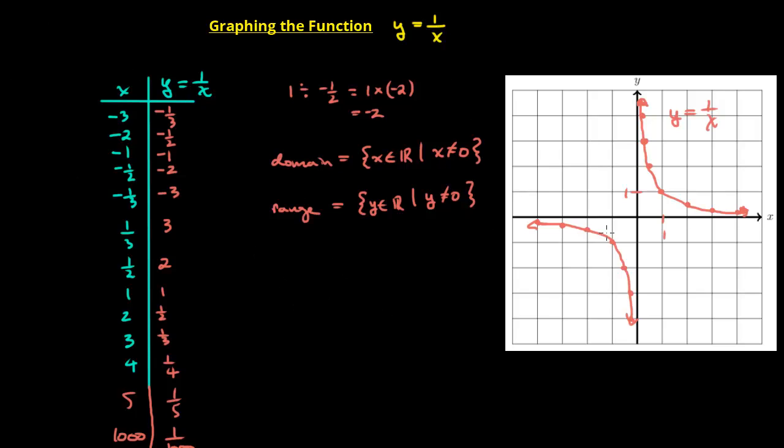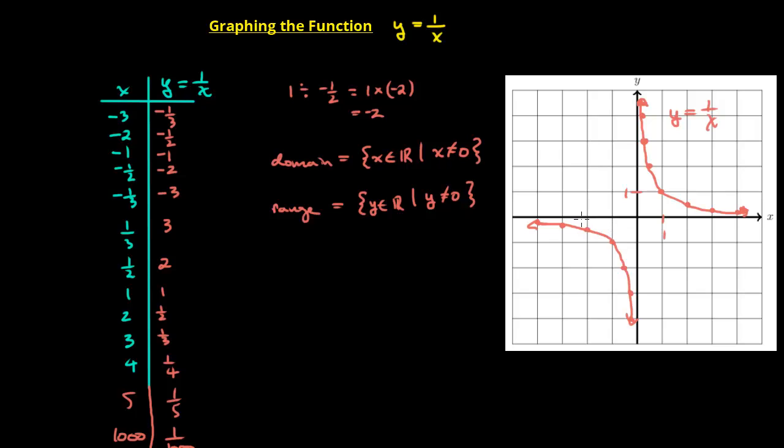Now, let's look at the negative portion of this graph. Here we've got the negative values for x, and we can see that as we get closer and closer to 0 for negative values of x, our values for y increase in the negative direction.